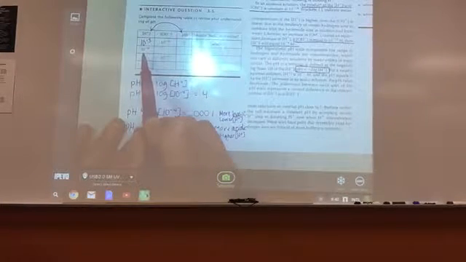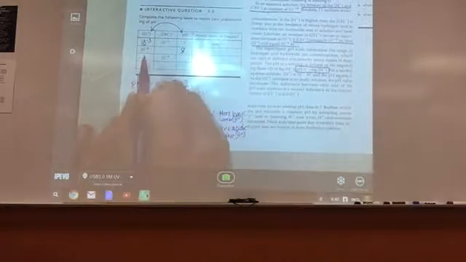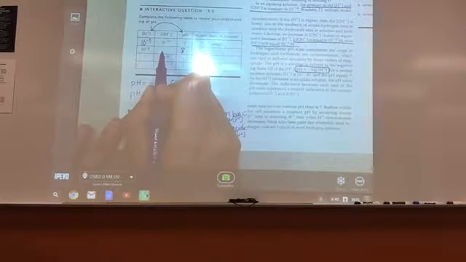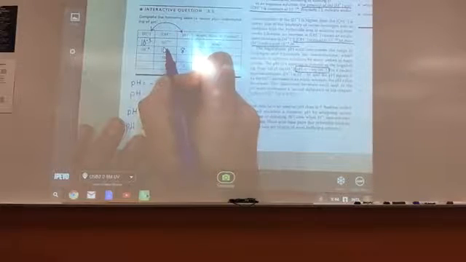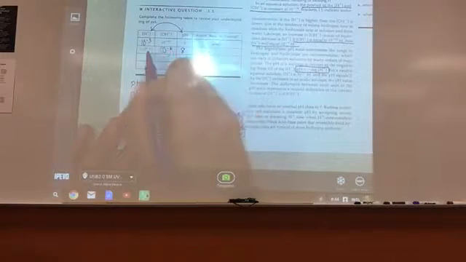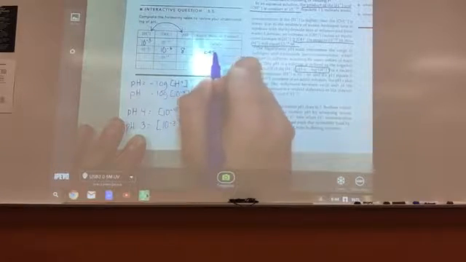In the second row, they only give you one piece of information. The hydrogen ion concentration is 10 to the negative 8. That tells you that it's a pH of 8. It also tells you that the hydroxide ion concentration should be 10 to the negative 6, because the exponents should add up to 14, and this is a basic solution.